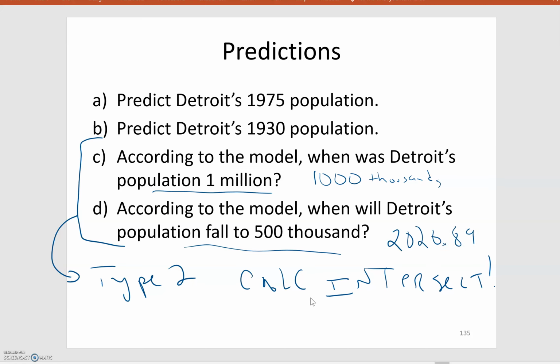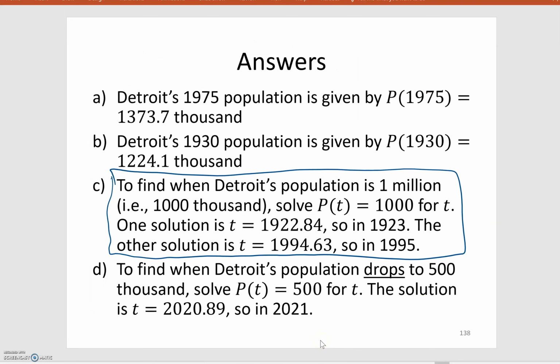Which would be 2021. Okay. So there you go. There's an example of working with a piecewise linear function. In addition to actually making one, we also work with one.